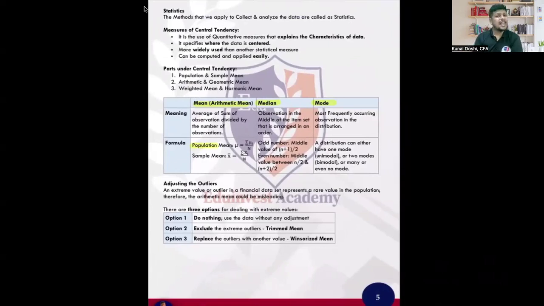However, if I want to calculate the average salary of people from a particular city only, not the entire country, and in that also I want to pull out a sample of 100 people, not everyone, then the mean is called sample mean.